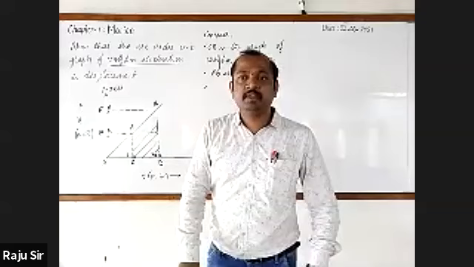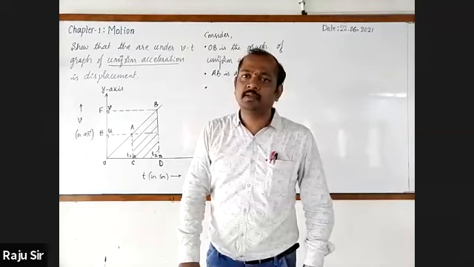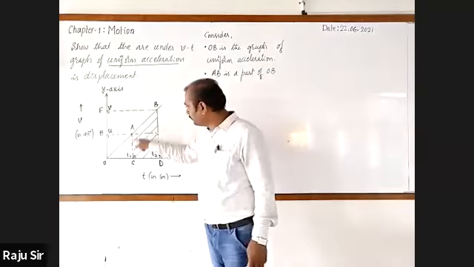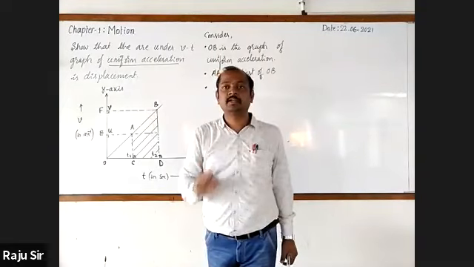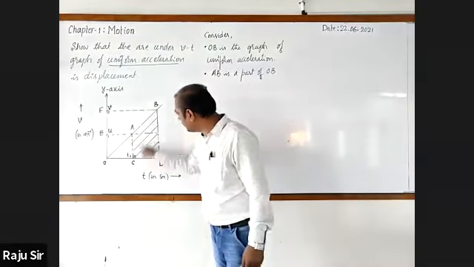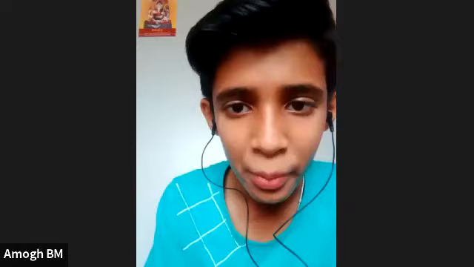Listen to me. I am giving chance to the particular student. Let them tell. Here we have made the construction. I am not asking you which geometrical figure. I am asking you what construction is made. AC is perpendicular to BD.